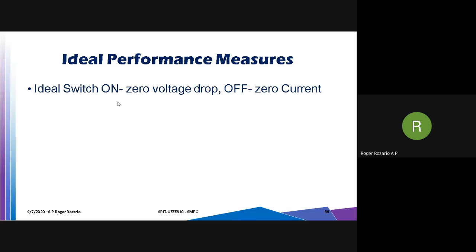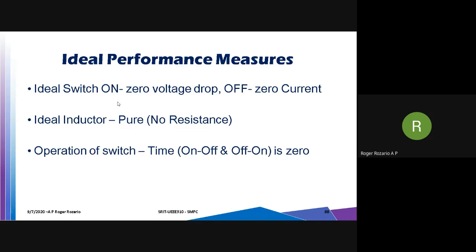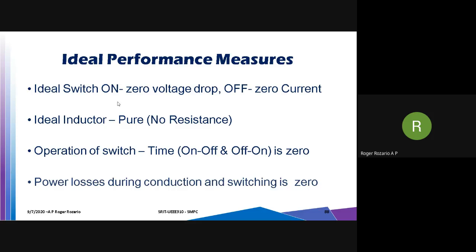By considering these assumptions, we consider the switch as an ideal switch with zero voltage drop during the on state and zero current during the off state. We consider the inductor as an ideal inductor with no resistance. The switching time from on to off and off to on is 0, and the power loss and the conduction loss during the switching is 0.